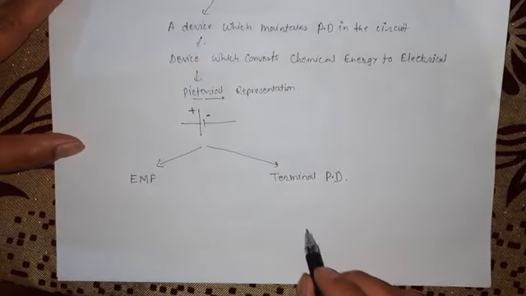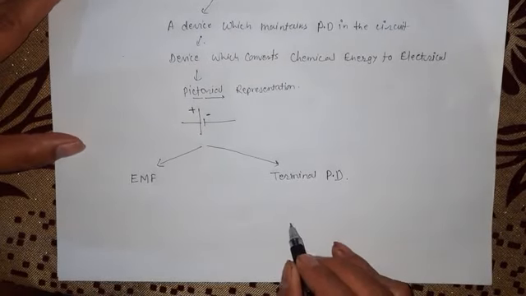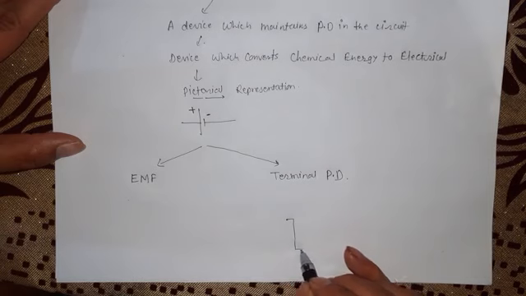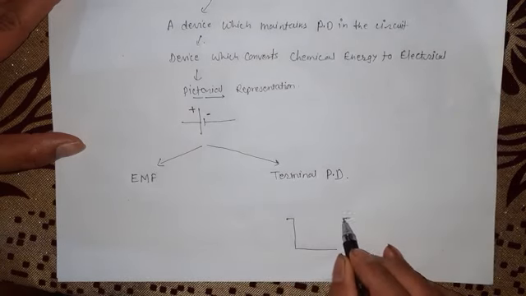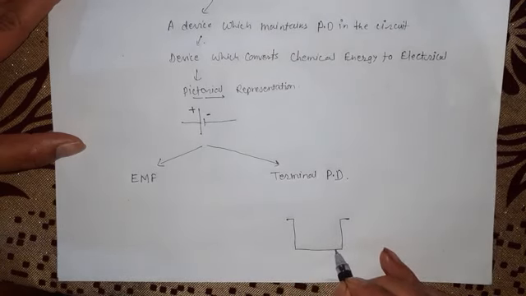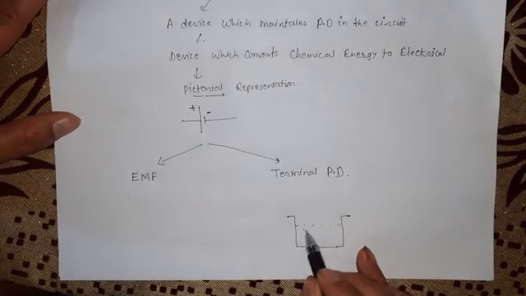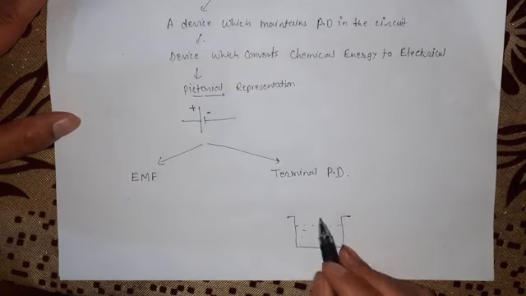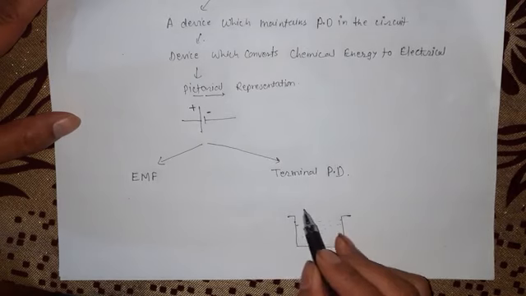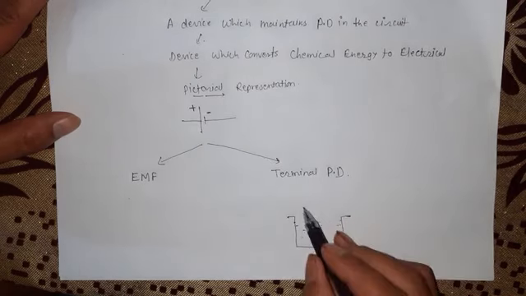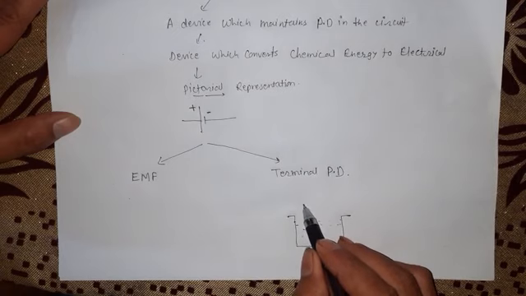For simplification, let us learn their diagram. I have considered this as a jar in which I am going to take the electrolyte. What is inside of the cell? There is electrolyte, so here I have placed the electrolyte. In it, for the contact, I am going to have electrodes.